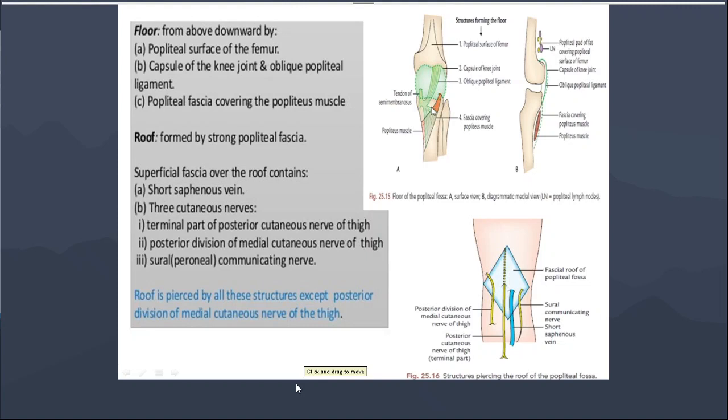These are forming the floor of the popliteal fossa. Then the roof of this popliteal fossa is formed by the strong popliteal fascia, and then the superficial fascia over the roof contains the short saphenous vein.